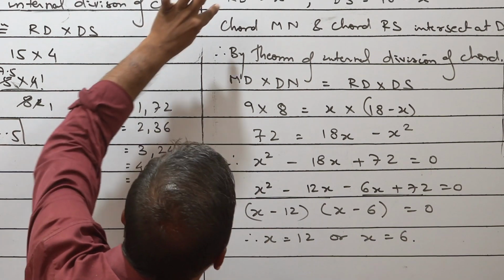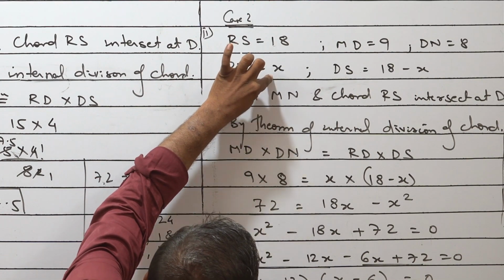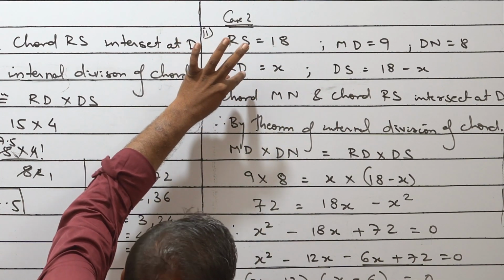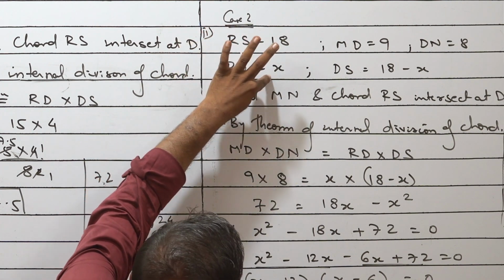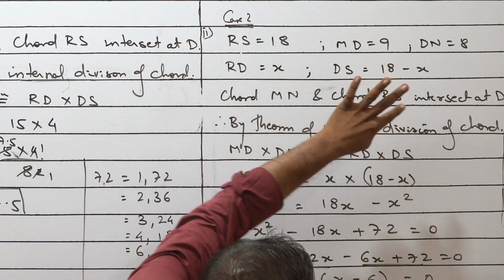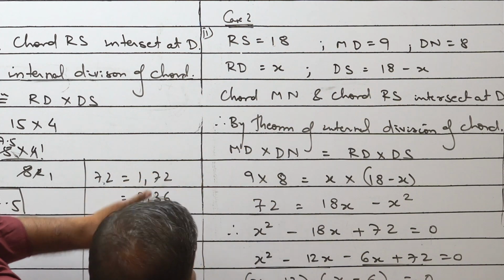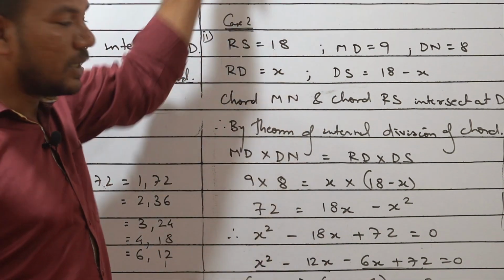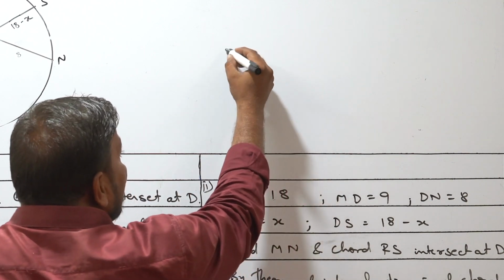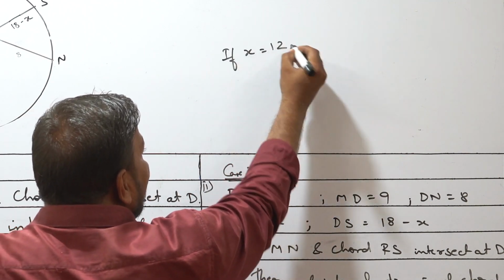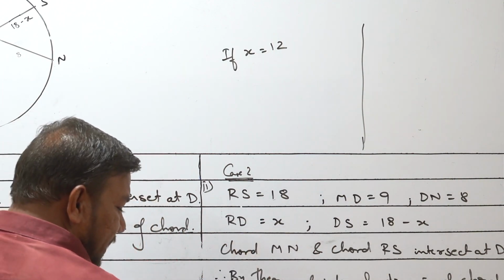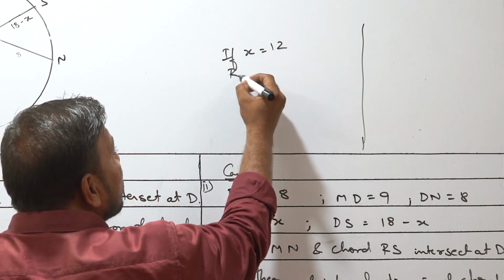So if RD is x, for this case, if x is 12 then RD is 12 and DS is 18 minus 12, that is 6. I don't have space here, I'll write it here above. Is it okay? Now, if x is 12 for the first case, what will be RD?